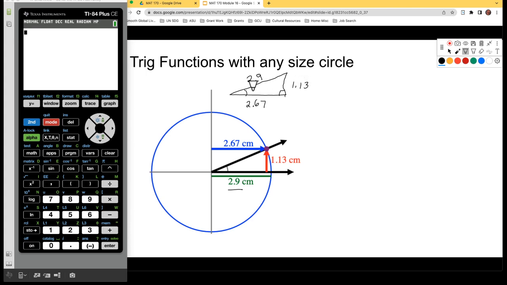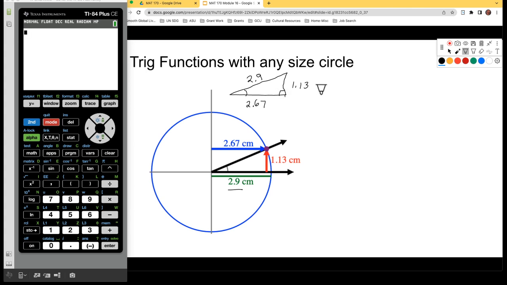Because this is the angle we're going to refer to as our theta. We sometimes call it x, but we want to be careful because we're going to be thinking of this as an xy plane, and the x is actually going to be this distance here, right? This is the x coordinate, the red is the y coordinate.